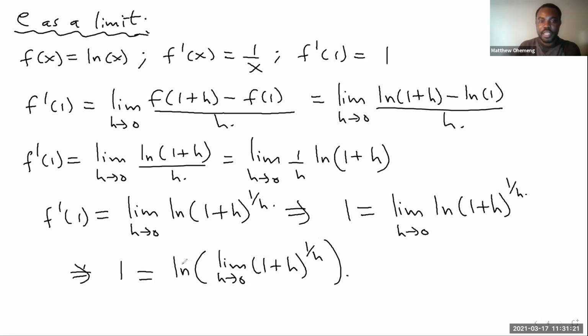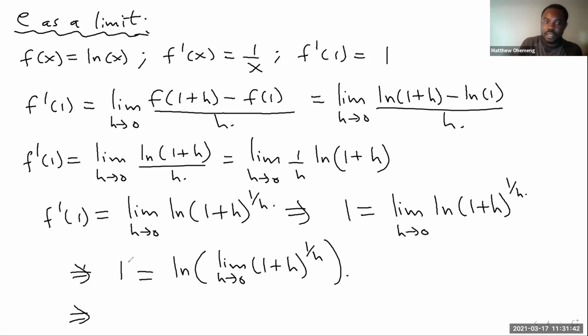Now, don't forget that ln is the same as log base e, and you can write it as an equivalent exponential statement. When you have 1 equal to log of something, it is the same as the base to the power of the answer equal to what is in front.